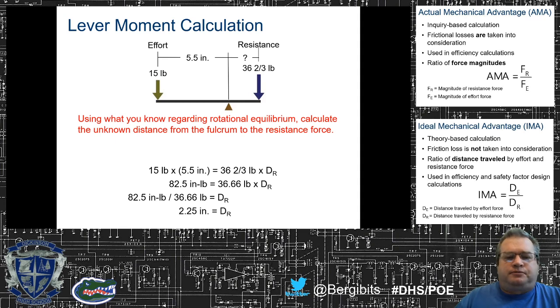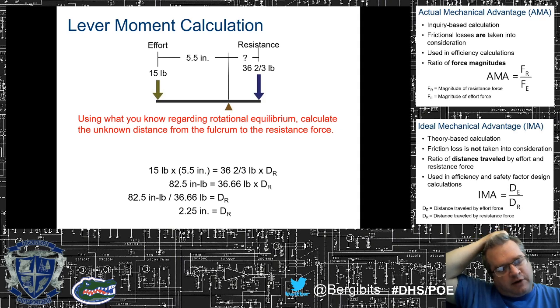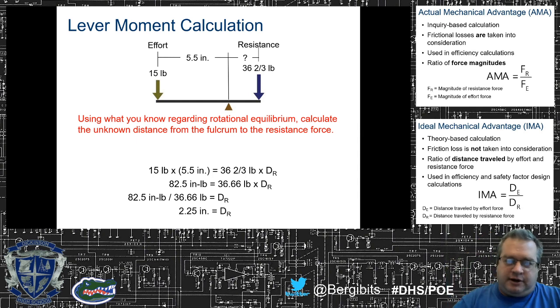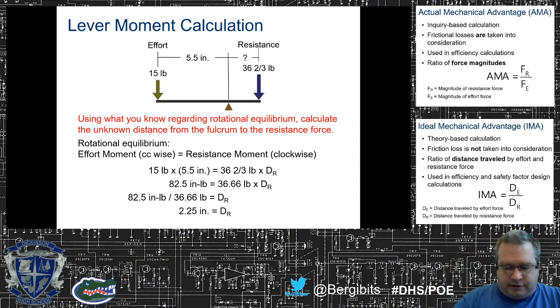We have to know, does it have a mechanical advantage of greater than or less than 1, or is it an efficient lever? All right, let's see. So rotational equilibrium, the effort force counterclockwise is equal to the resistance moment counterclockwise.